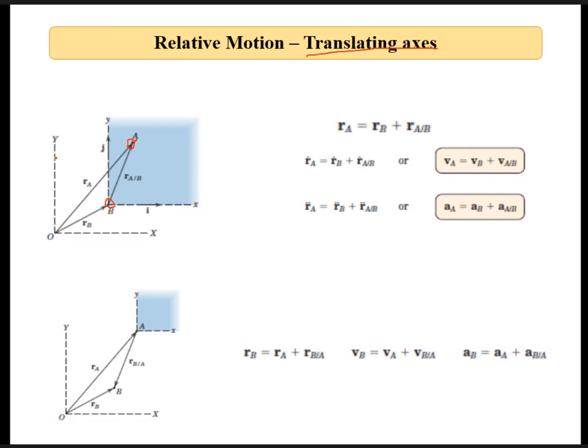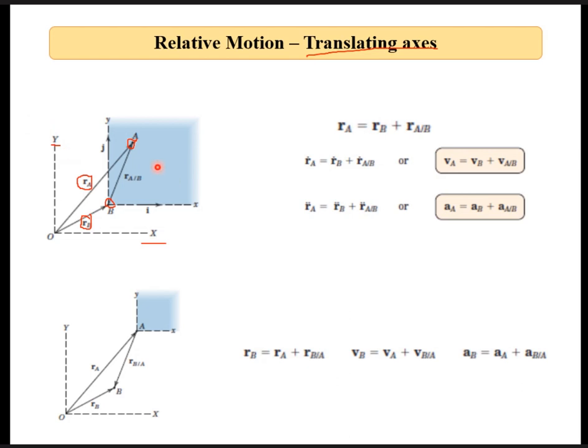With reference to the axes XY, the position of B from O is shown by the position vector RB, and the position of A with respect to O is the position vector RA, denoted with respect to this x-axis and y-axis.